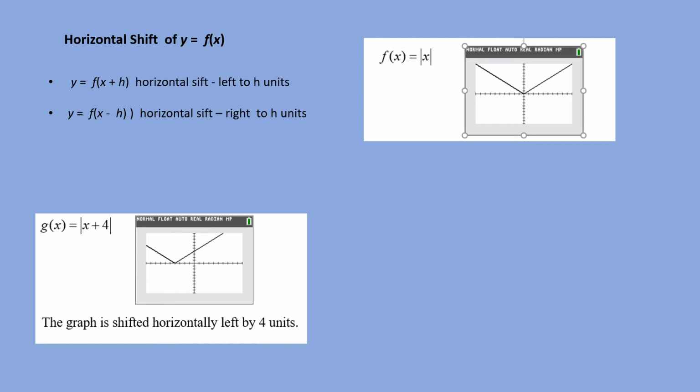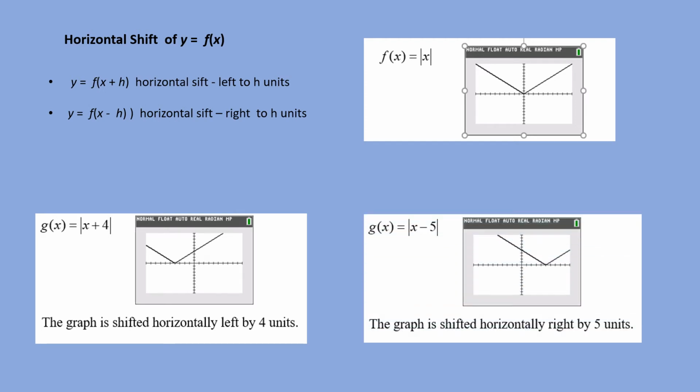And if I subtract a constant, then it will be shifted to the right. That is, absolute value of x minus 5 will be a curve obtained from the previous one by shifting it to the right.